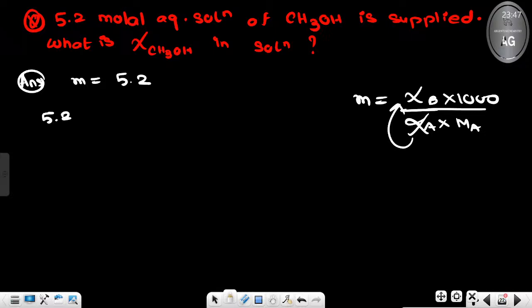So 5.2 I can write. First let me write the formula so that you don't ask me what did I do. M equals psi b divided by psi a into MA divided by WA into 1000.